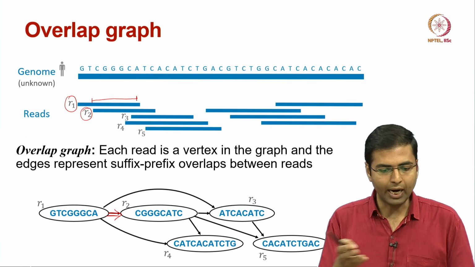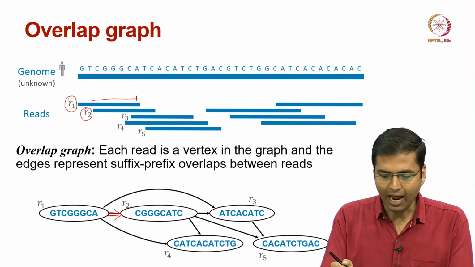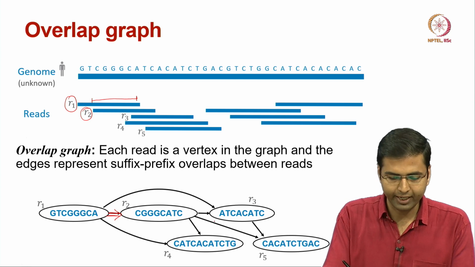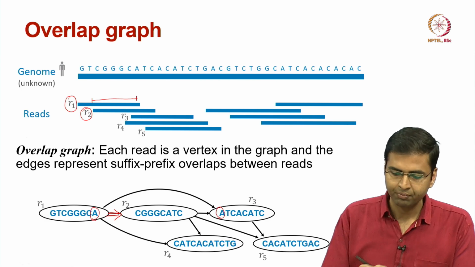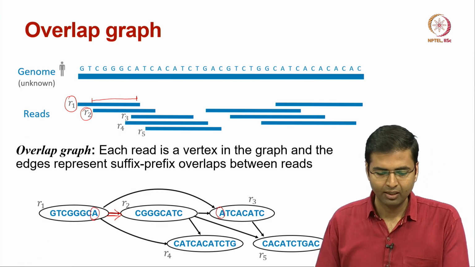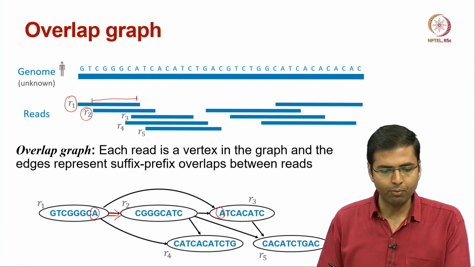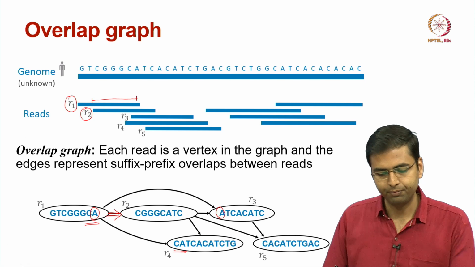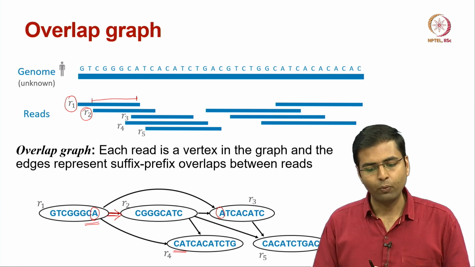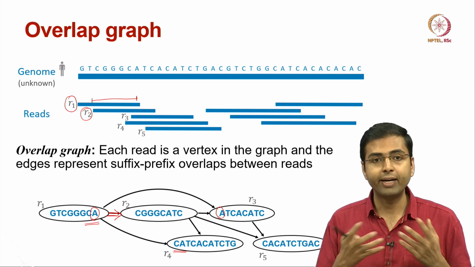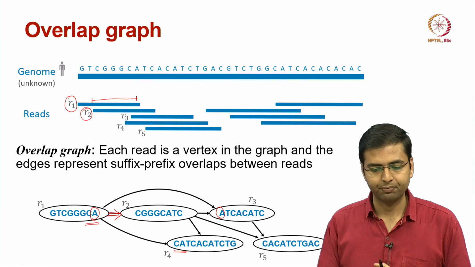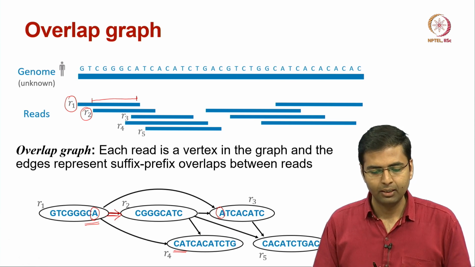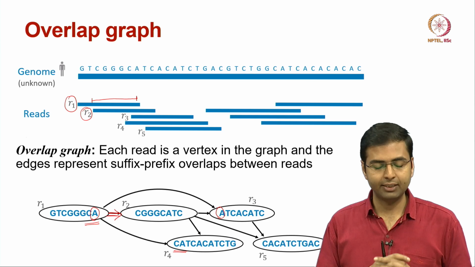So, again from R1 to R3 you have an overlap in this case. The overlap length is 1 in this case. Similarly, you can see more examples. From R1 to R4 you have an overlap length of 2 and so on. Whenever you see a suffix prefix overlap we draw a directed edge in this graph. So, now I hope the definition of overlap graphs is clear, right.